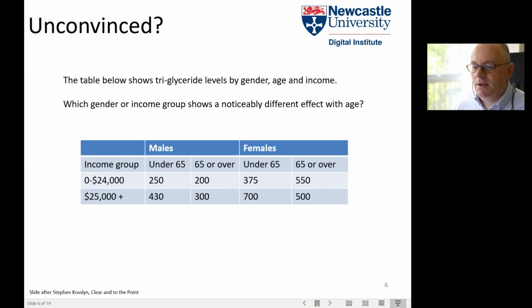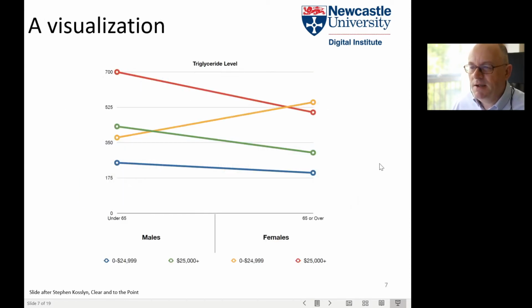Okay, or you can plot a graph and you'll see instantly that it's females in a low-income group have a different trend. That's how quickly trends and patterns can be formed in the mind from data, which is different from numbers, which will give you a quantitative absolute value for things.